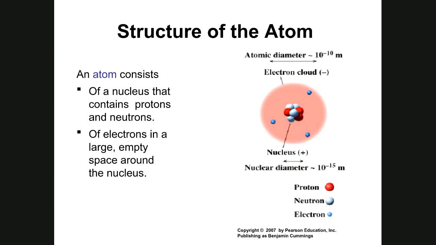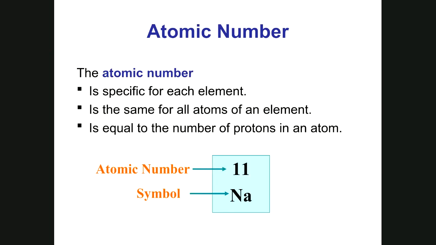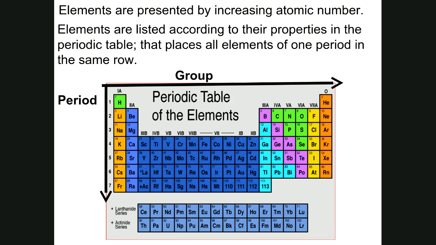So if we go back to our periodic table, for those elements you see some numbers on the top of them. You see, for example, H has a 1, helium has 2, lithium has 3, sodium has 11, potassium has 19, calcium has 20.